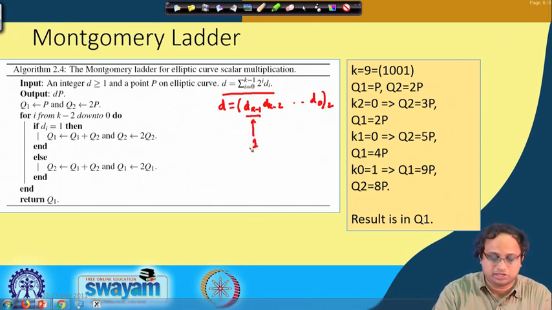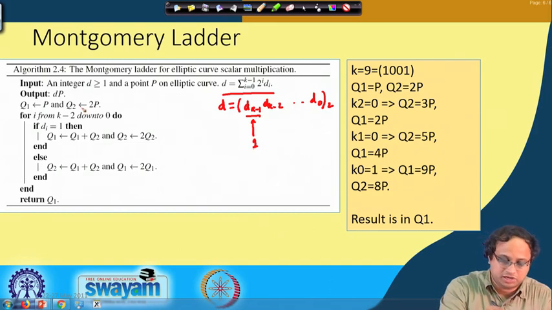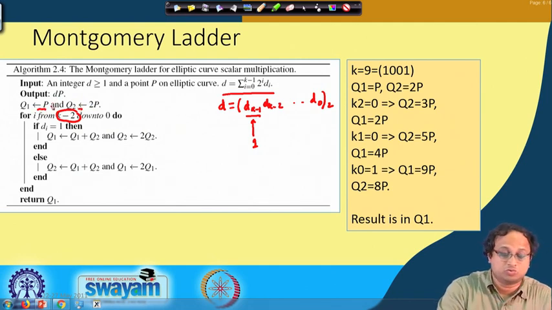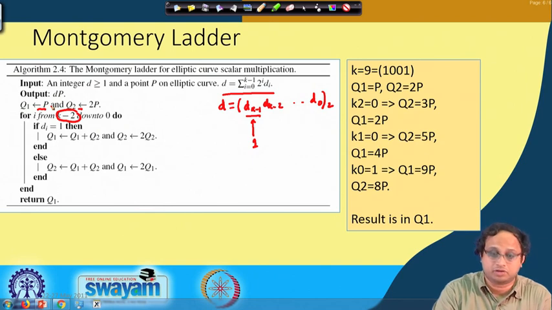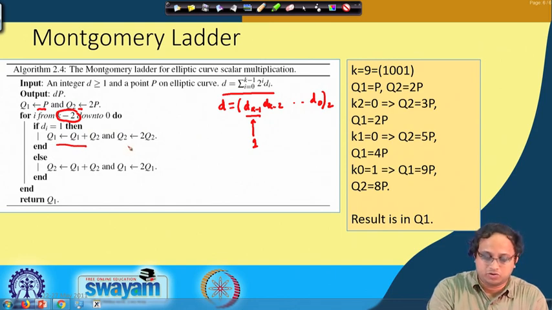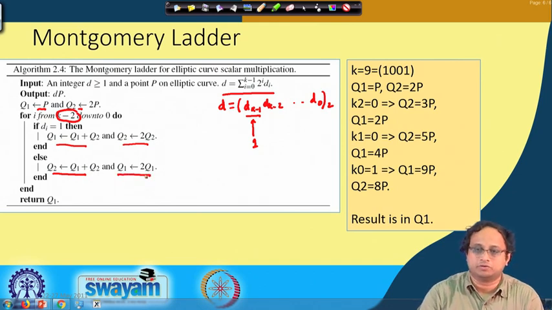So we are assuming that d_{k-1} is 1, and we start the processing from k-2. We initialize two registers, Q1 to P and Q2 to 2P. The idea is that if d_i is equal to 1, then we do addition in Q1 and doubling in Q2, whereas if d_i is 0, then we do addition in Q2 and doubling in Q1.